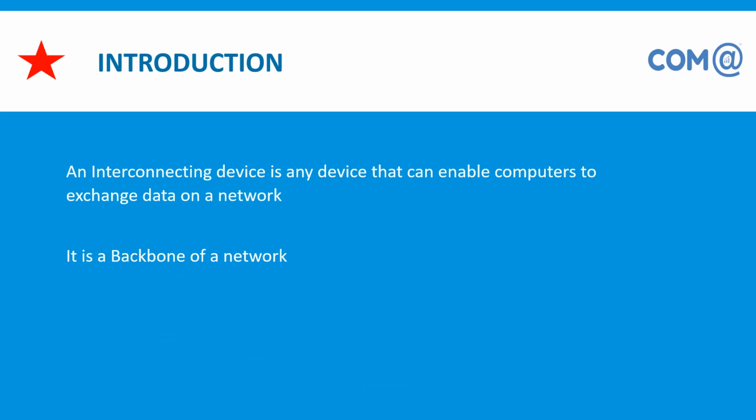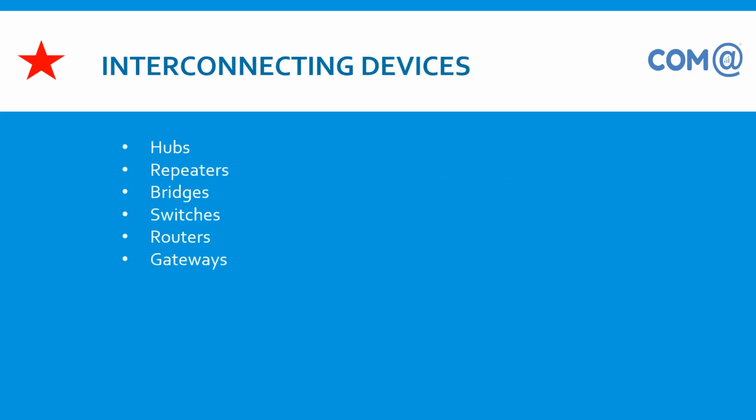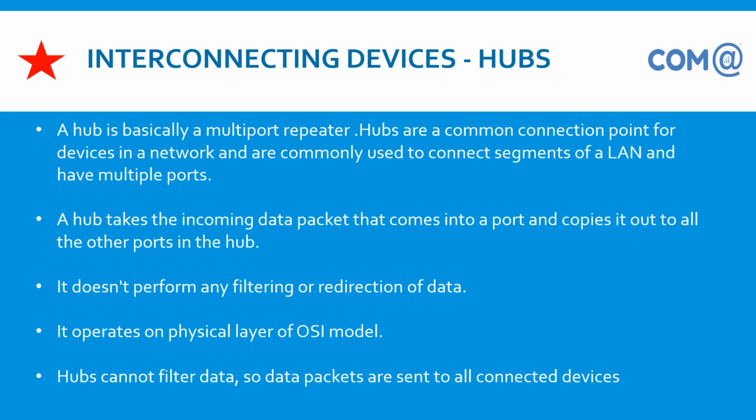So it is a device used for connecting the same network or multiple networks, and it is used for business purposes and for connecting multiple people across the globe, which is nothing but the internet. So these are the basic interconnecting devices we are using in our organization.